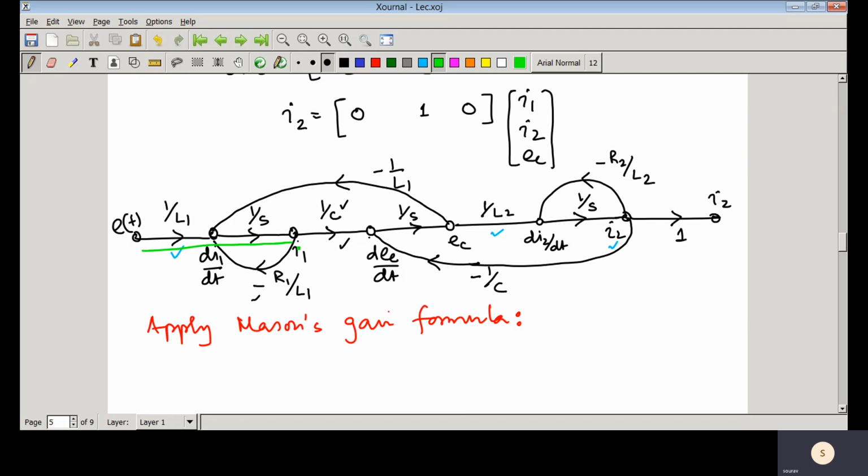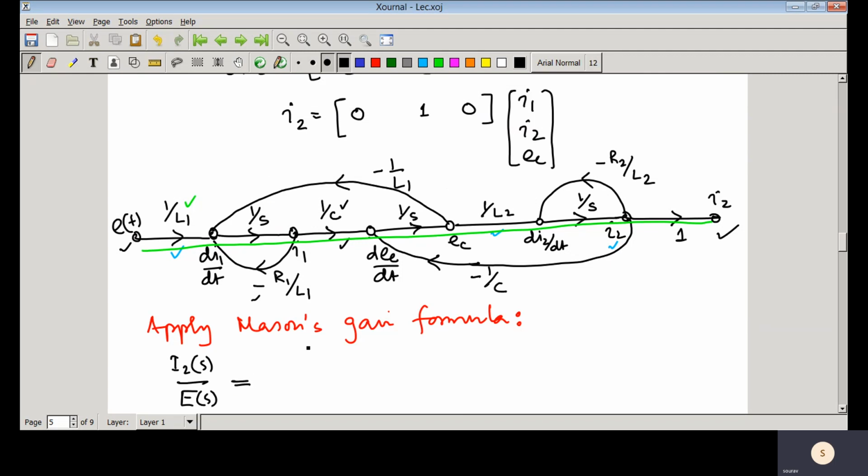Here you have only one forward path. Then if you see the gain, that is 1 by L1. So I am writing here I2(s), that is output by input E(s).